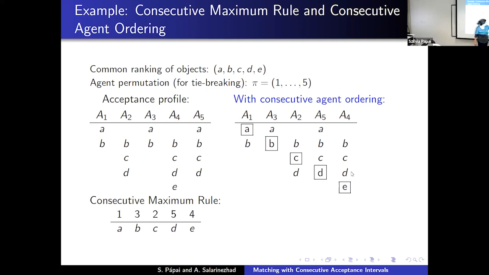And finally, 4 comes last because 4's last object is the latest one in the common ranking. And so once we sorted them this way, notice that in this example, if we assume that each agent gets assigned an object, then the assignment will be exactly on the diagonal like here. But more generally, it doesn't have to be like that.